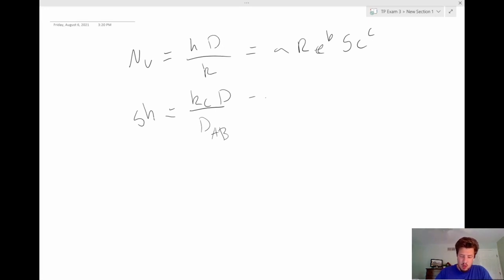Now we do that for both equations. However, the Nusselt number is not multiplied by the Schmidt number, it's actually multiplied by the Prandtl number.